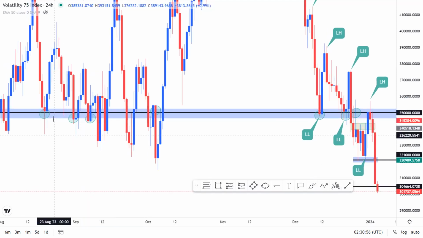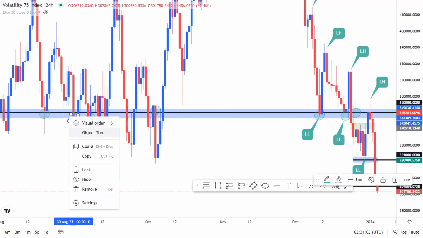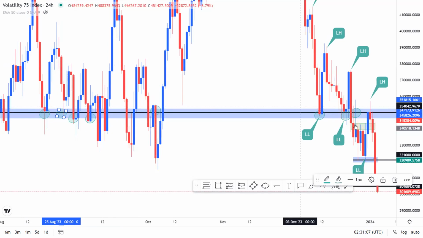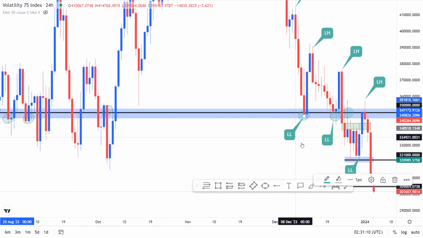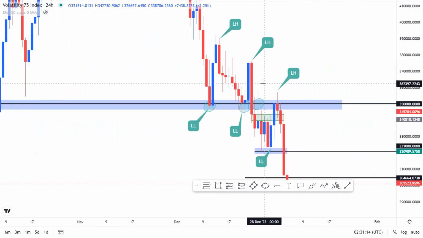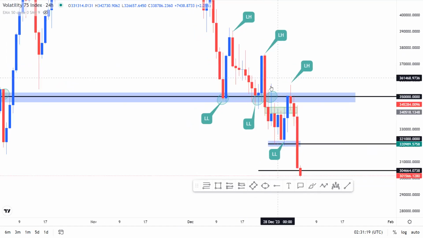And as you can see right about here, we've actually tested the level 1, 2, 3, 4, 5, 6, 7, 8 number of times repeatedly from above and beneath, and then having to reject the level massively, making this level for me a very strong and solid area of interest.